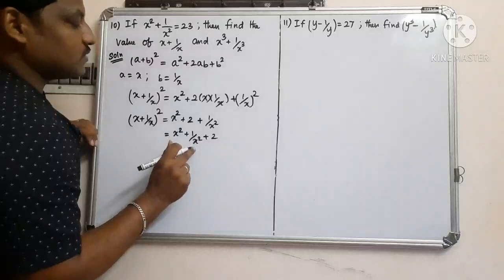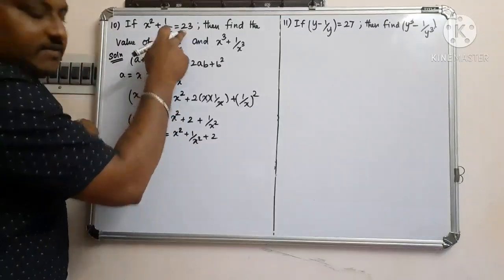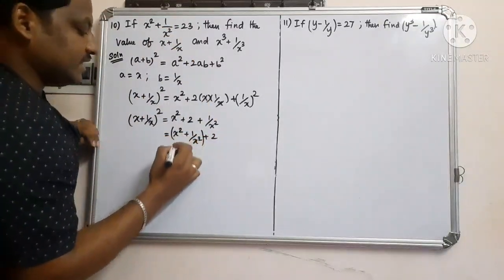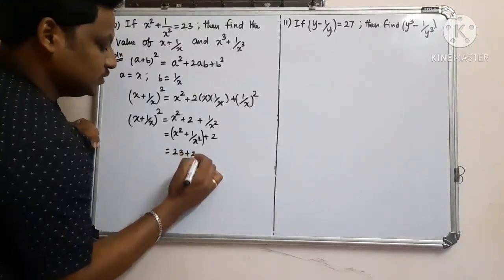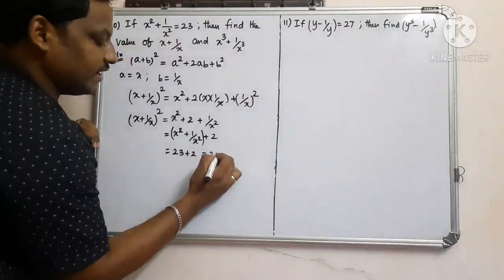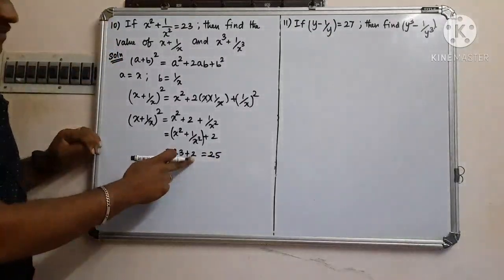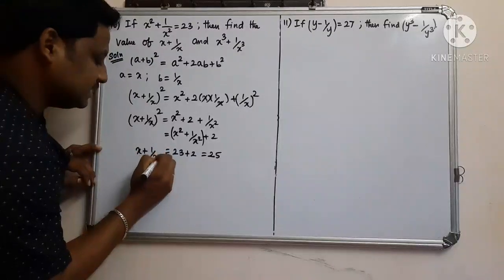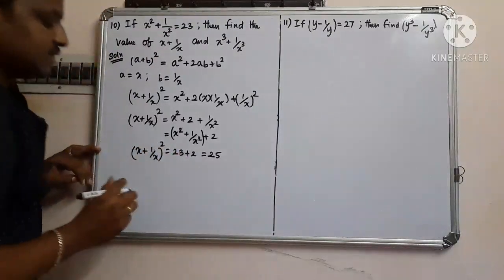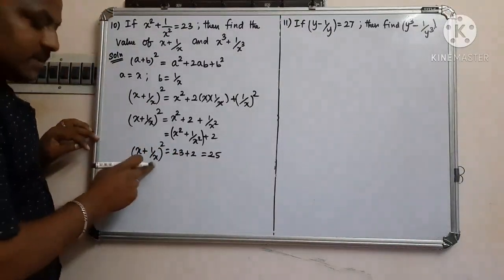So x square plus 1 by x square, we know the value, that is 23, which is equal to 23 plus 2, which is equal to 25. So this is the value of x plus 1 by x the whole square. So we have to find out the value of x plus 1 by x alone.